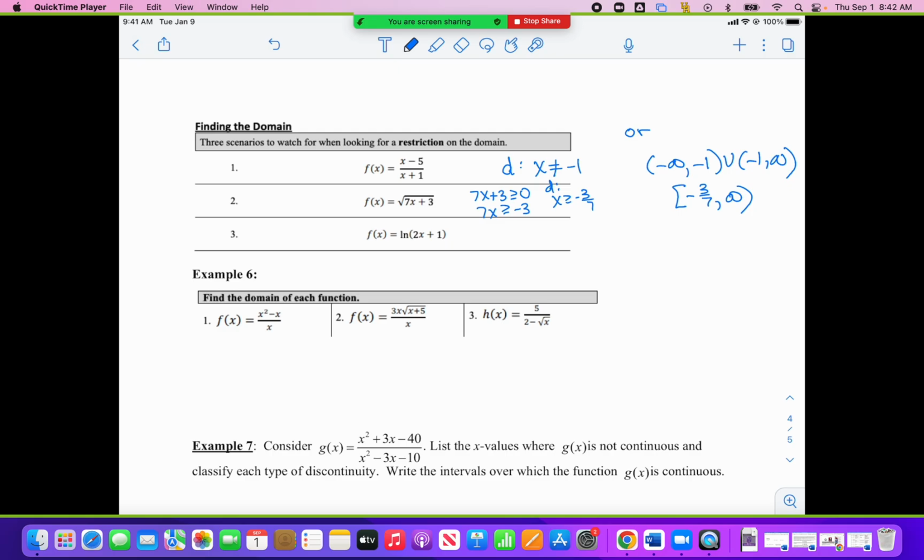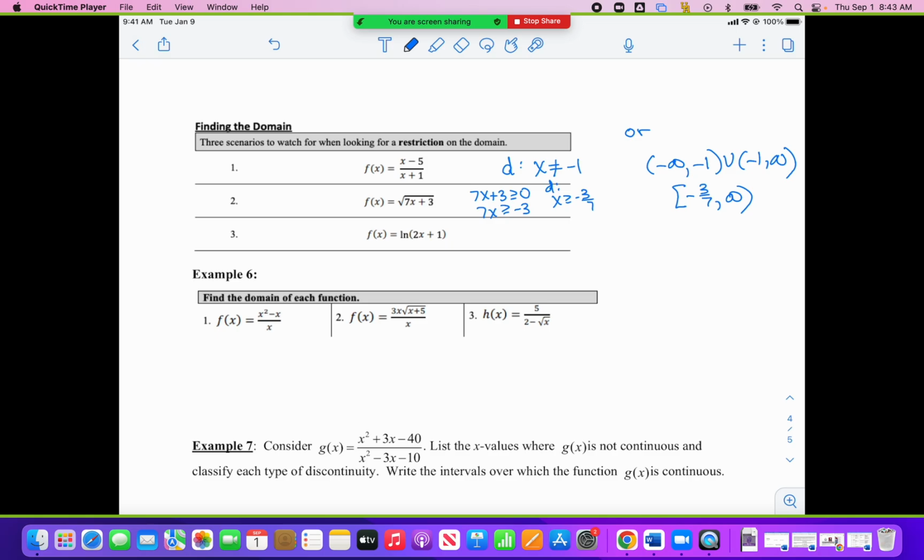Inside a logarithm, what do you have to remember? You cannot have a negative inside a logarithm, and you also can't have 0.